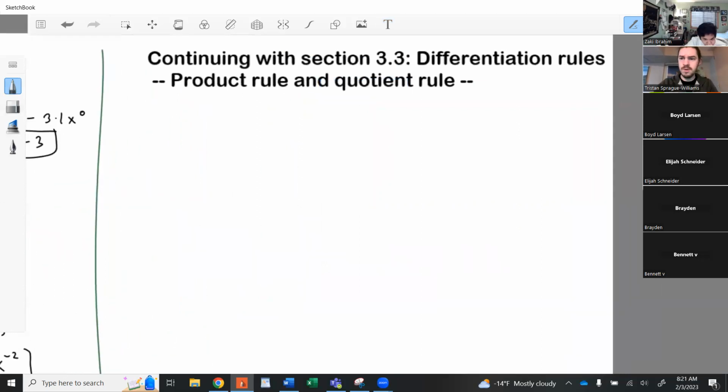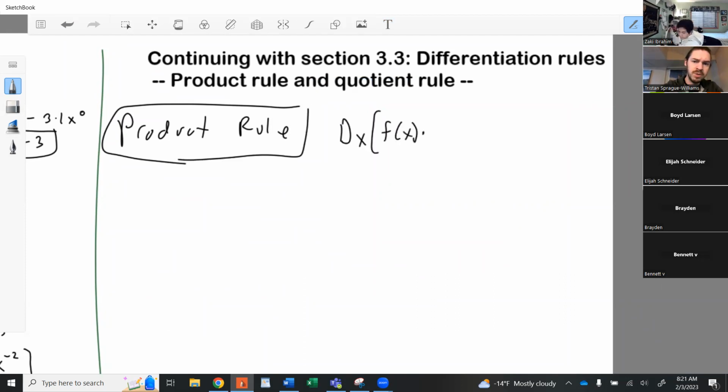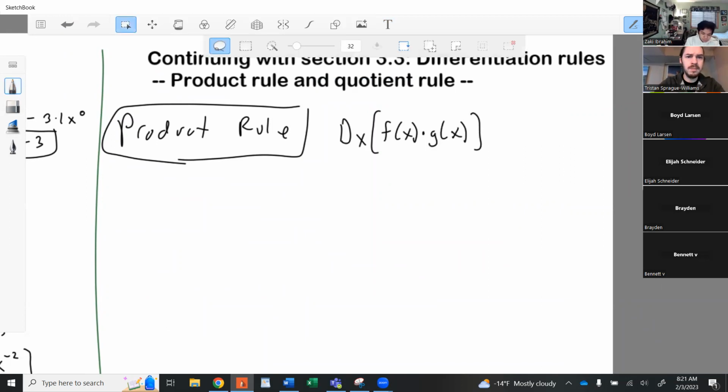Okay, so the first one we're going to do is the product rule. This is going to tell us how we can take the derivative of two functions multiplied together. Just for generality, we're going to call them f of x and g of x.